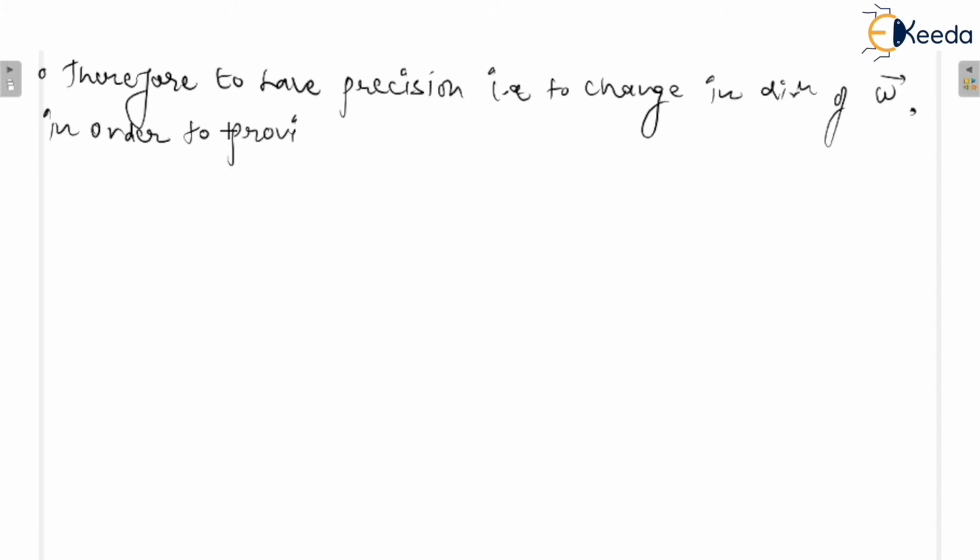We have neglected the change in magnitude, or we have assumed that the magnitude is constant.